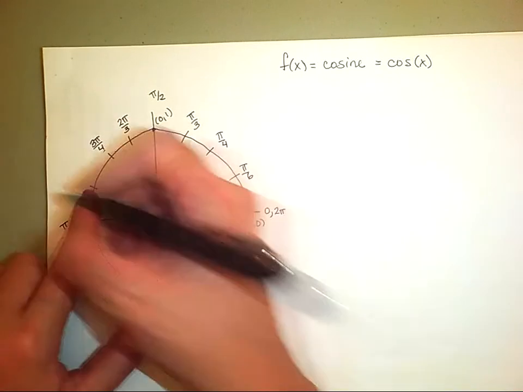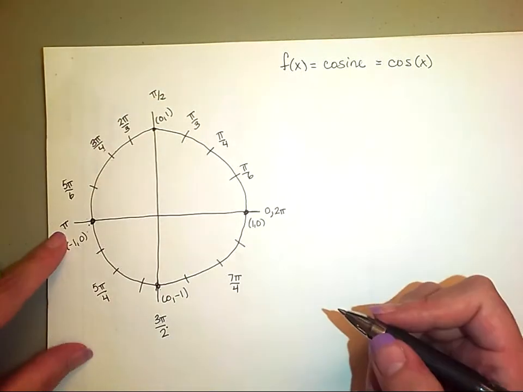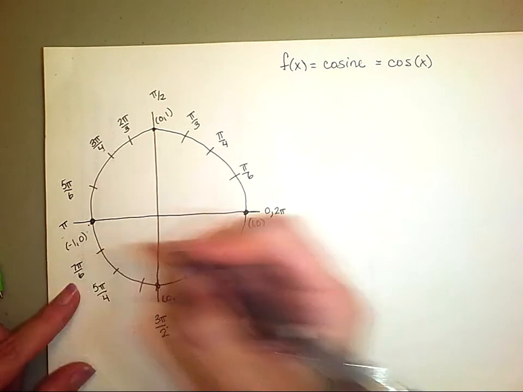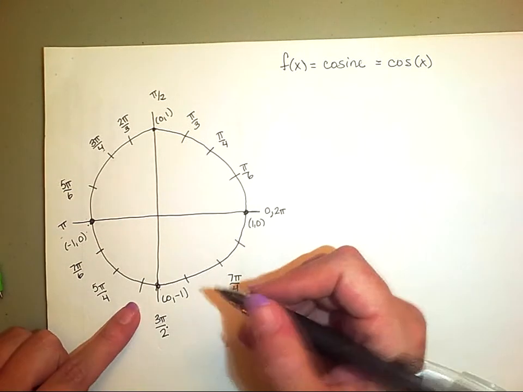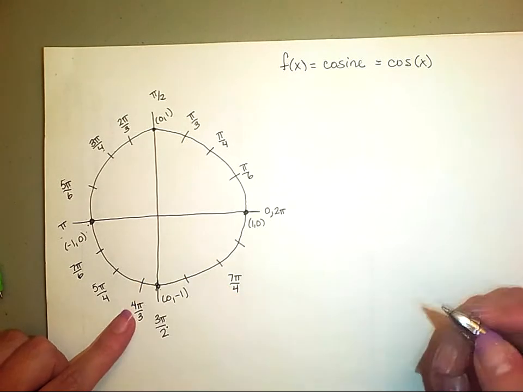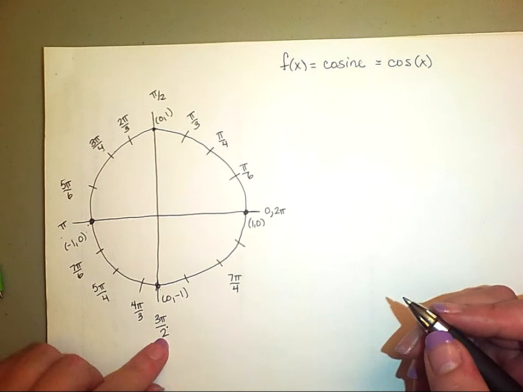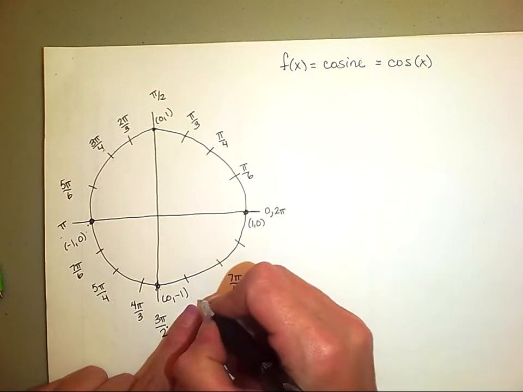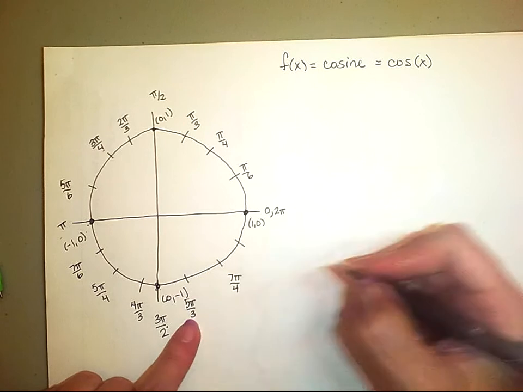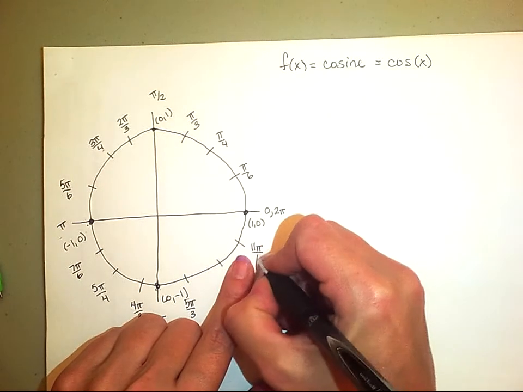That was 4, so this is 5 pi over 6. 6 pi over 6. 7 pi over 6. 8 pi over 6, which reduces to 4 pi over 3. 9 pi over 6, which reduces to 3 pi over 2. 10 pi over 6, which reduces to 5 pi over 3. And finally 11 pi over 6.